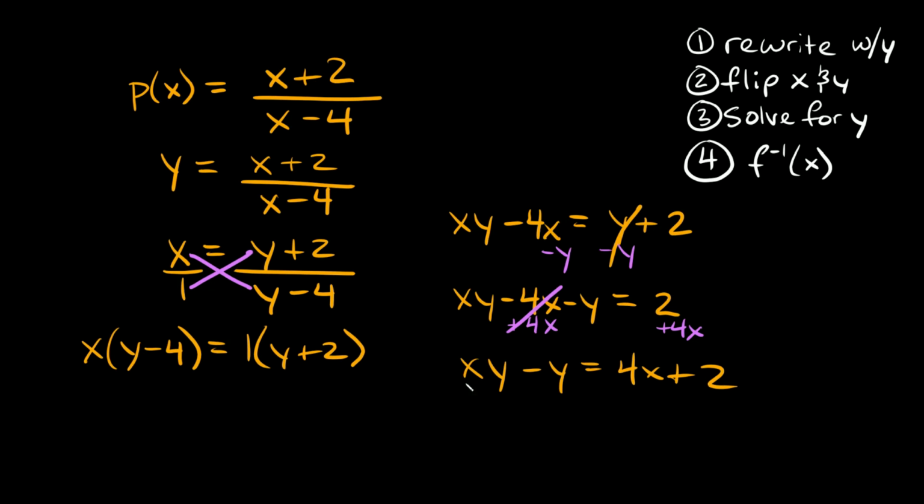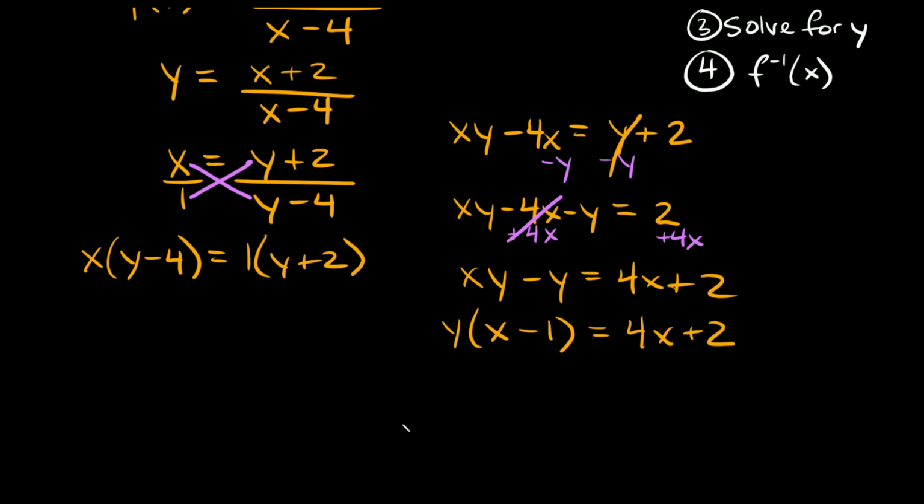Here we have this x term that's being kind of annoying. So one thing we can do is factor out a y from each of these terms. On the inside, we're just left with this x, and if we factor out a y from itself, that's 1, so here we have minus 1. So we factor out a y, and that's still equal to this side over here, 4x plus 2.